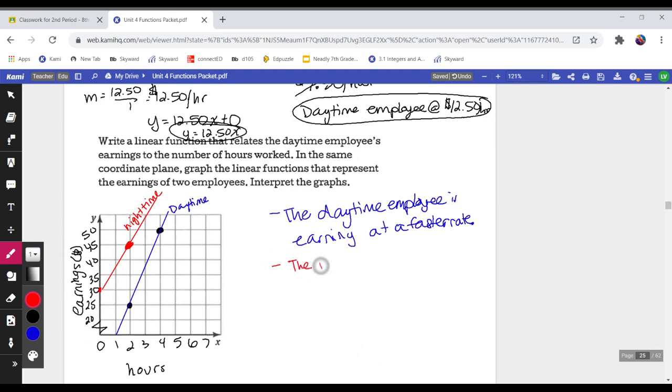The nighttime employee starts off with a higher amount, which is 30.